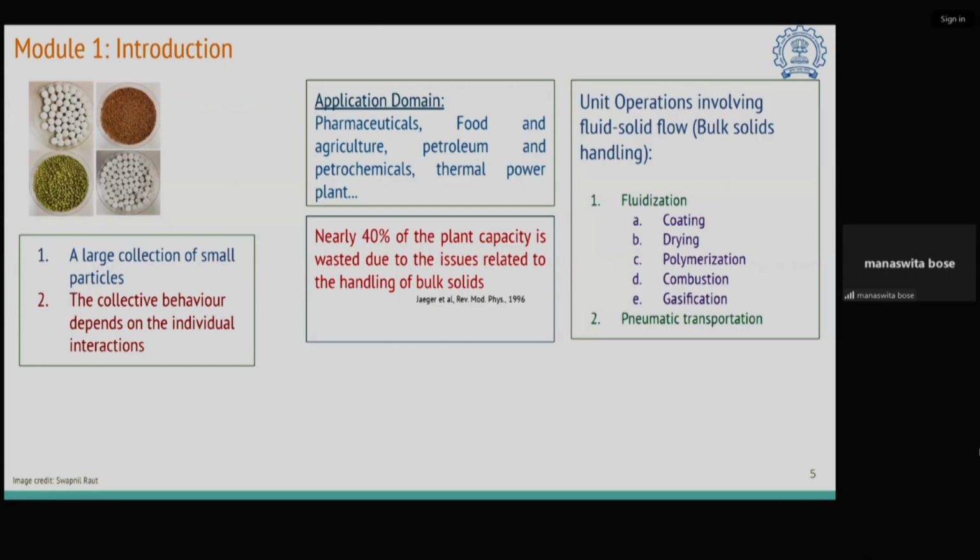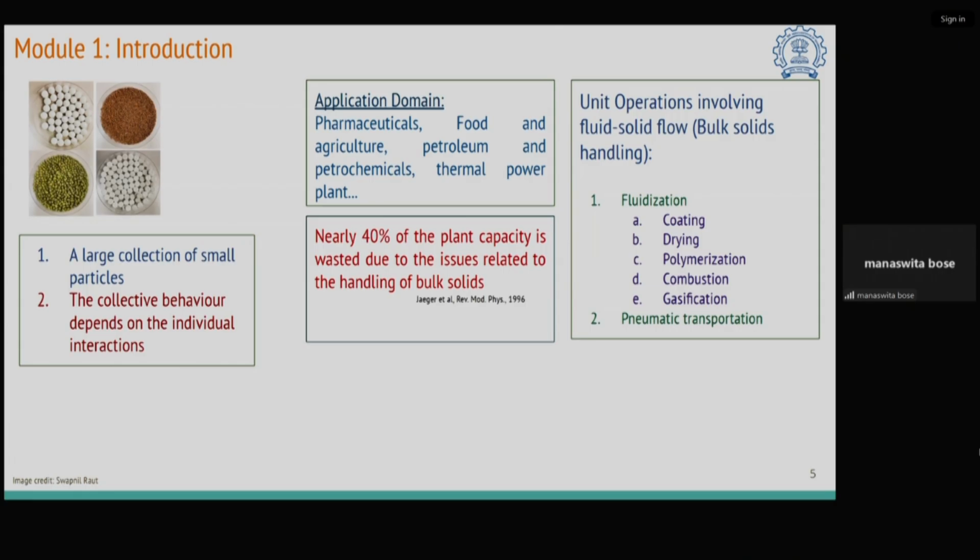And the second one is, what makes the granular flow challenging or interesting is that the collective behavior of the flow depends on the individual interactions. And what are the application domains? As the figure suggested, only a fraction of it: pharmaceutical and food. And other than that, what do we have?